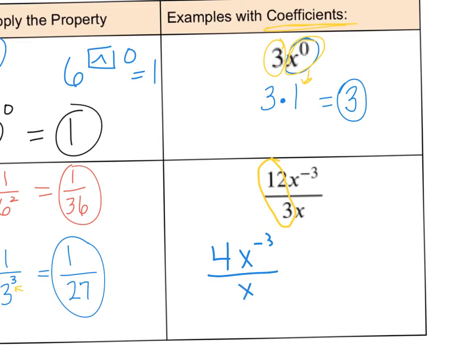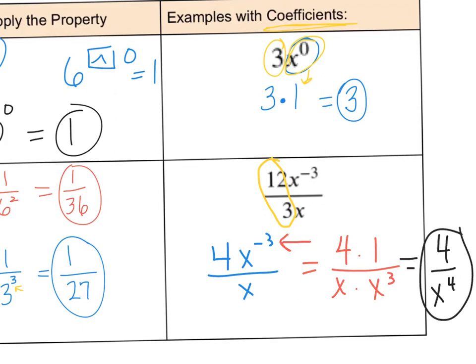And then one thing I could do is to make this a positive 3, I would have to make it a fraction. So I would have 4, and then times 1. So I already have an x here, and then I would do x to the 3 down below. So if I simplify that a little bit more, that'd be 4 over x to the 4th for the final answer. So that's one way to look at this problem.